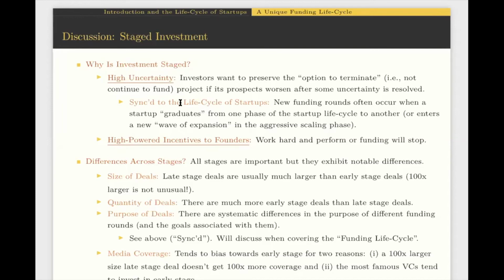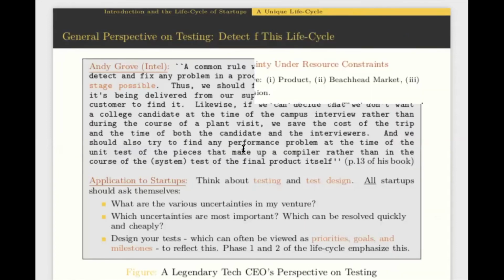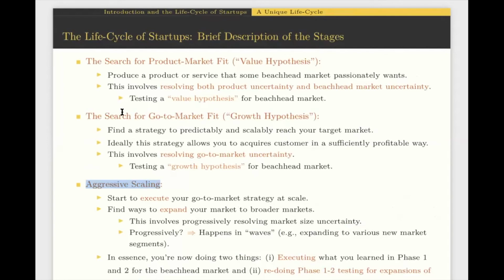Another benefit of staged investment is it provides high-powered incentives to founders, right? So, obviously, if you condition providing your next round of funding, you provide $1 million of funding right now, but you only provide $4 million of funding if founders successfully achieve product market fit.